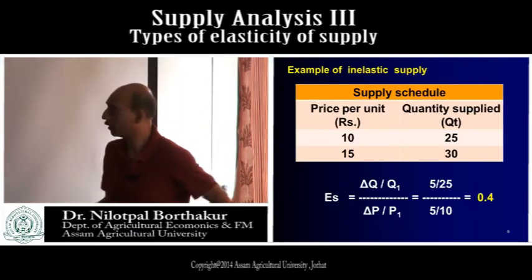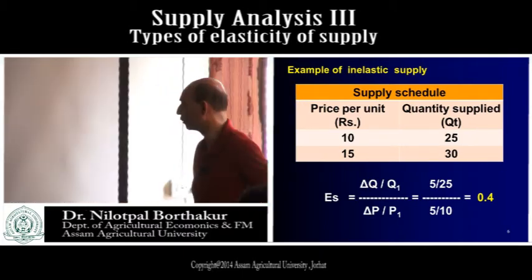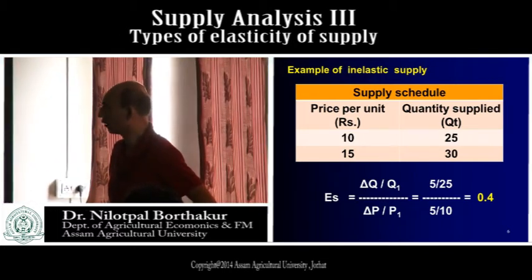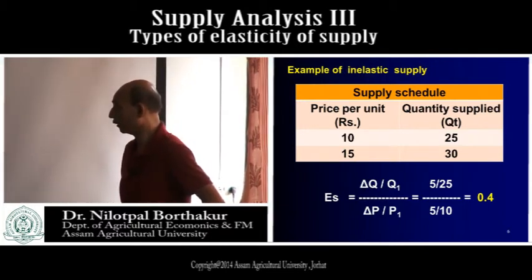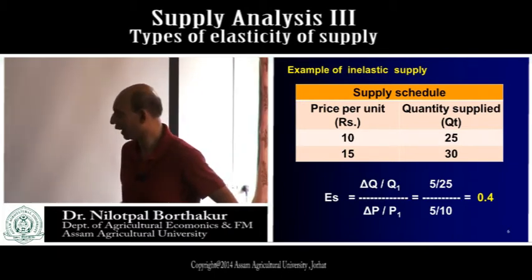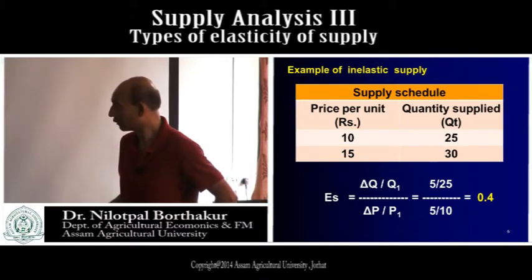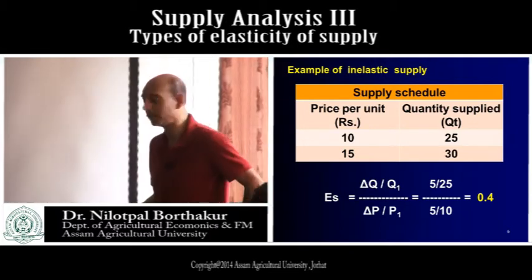This is an example for inelastic supply. Here price increases from 10 to 15, and accordingly, the supply of that commodity increases from 25 to 30. If you look into percentage term, from 10 to 15, price increases by exactly 50%. There is 50% increase in the price, but supply increases from 25 to 30.